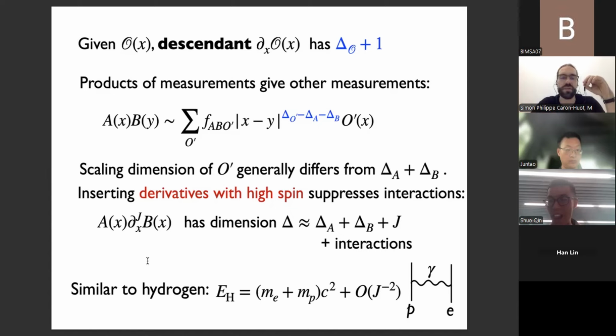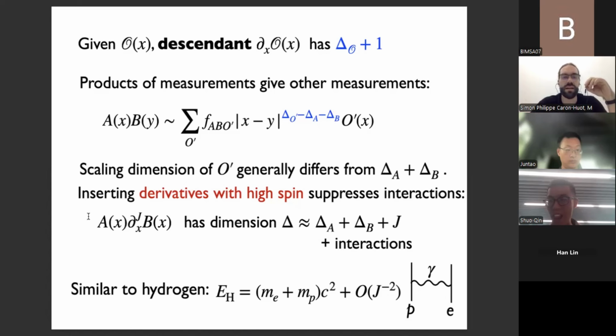It's very similar to the energy of hydrogen states, which is the sum of the parts plus an interaction part, which decreases with large spin. So we're saying the same thing here. At large spin, the interactions decrease. That's something that many people had argued before the work I'm going to present. Something that was well understood.